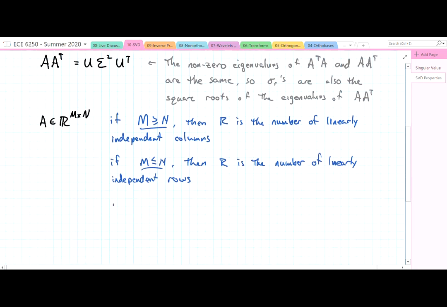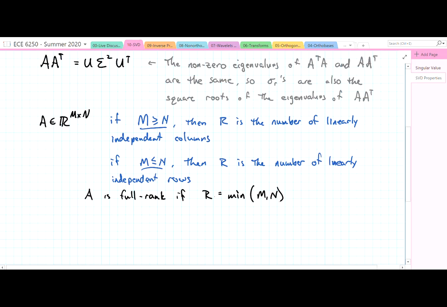And then correspondingly, A would be full rank if R is equal to the minimum of m and n. So you find your smallest dimension, and along that dimension, if you have that many linearly independent rows or columns, then by definition a non-square matrix is full rank.